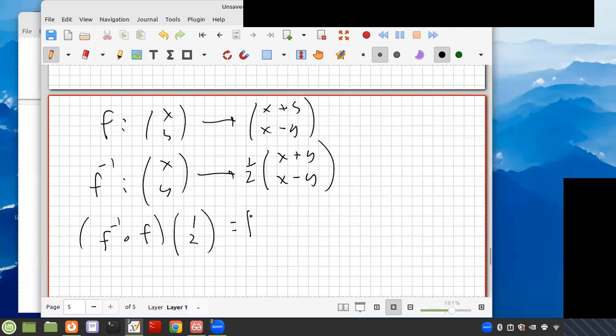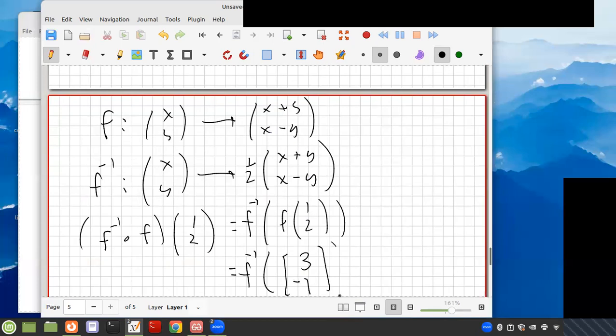Well, that's going to be F inverse of F of (1, 2). So what's F of (1, 2)? Well, that should be x plus y is 3 and x minus y is minus 1, right?